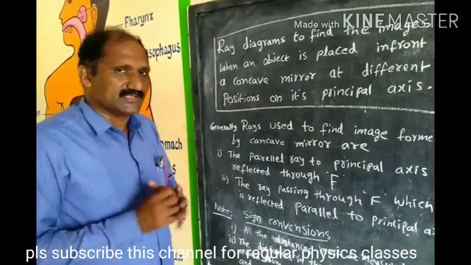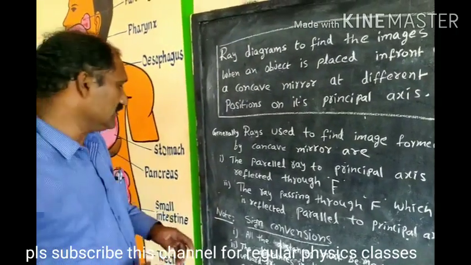Now there are 3 rays, but here we are using only 2 rays. What are they?